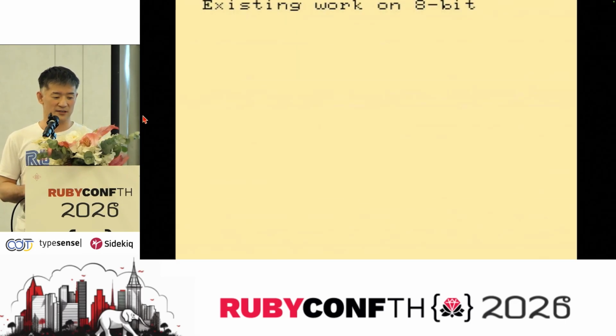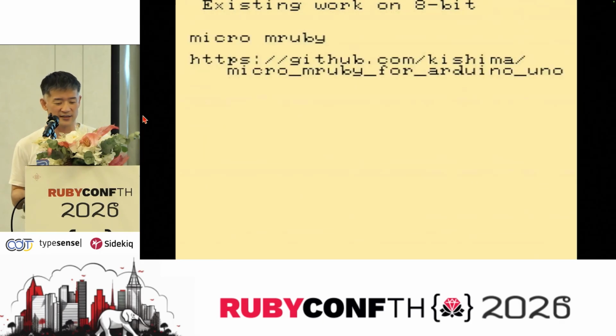And you might be wondering if this is the first project that brings mruby to the 8-bit world, and that is absolutely not the case. There's something called micro mruby from quite a few years ago. This was someone who ported mruby/c to Arduino Uno with Atmel AVR 8-bit CPU plus 2 kilobytes of RAM.